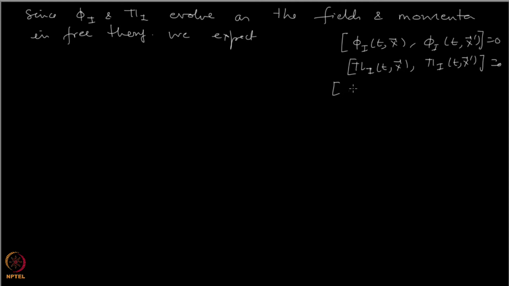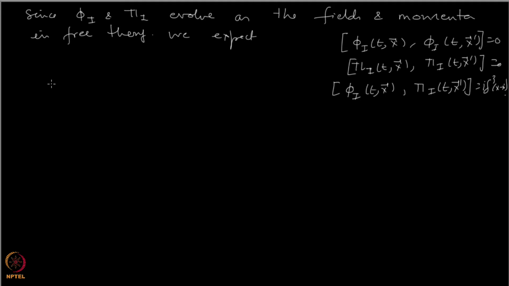And I should expect that if I take phi I at t, x and pi I at t, x prime, I should get i delta cube of x minus x prime. Let's check whether these expectations are met. So let's check this one, and the others will follow similarly. Let's check the third one.